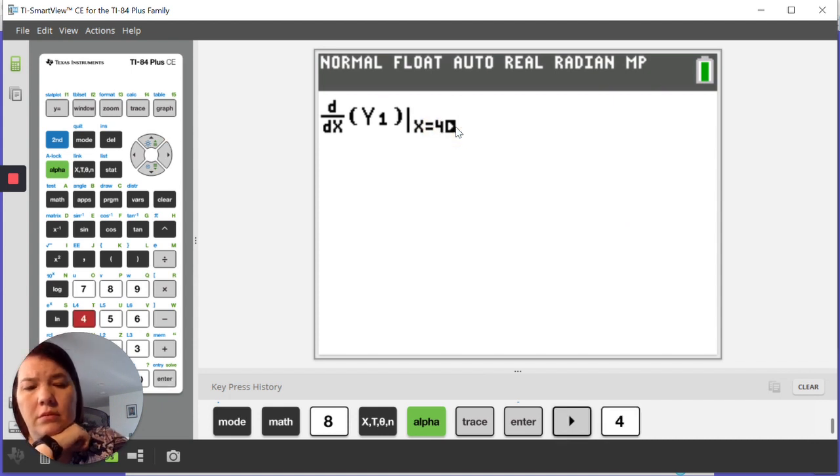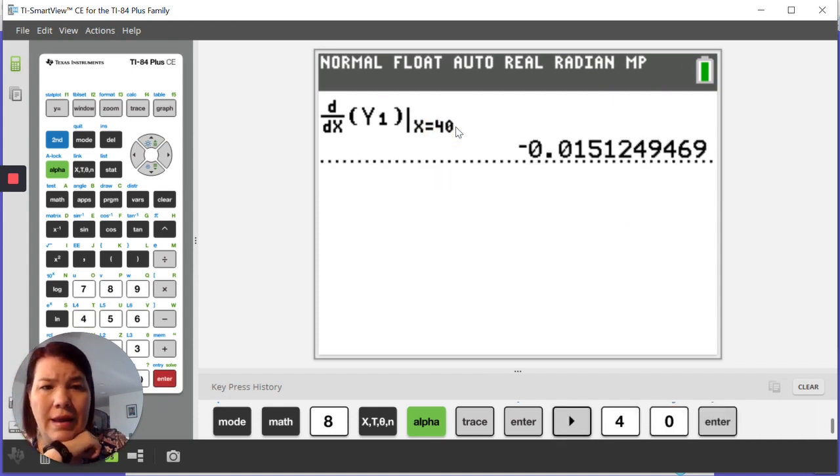So this is the actual answer. The rate of change of the ERA is negative, so his ERA is decreasing, which is a good thing.